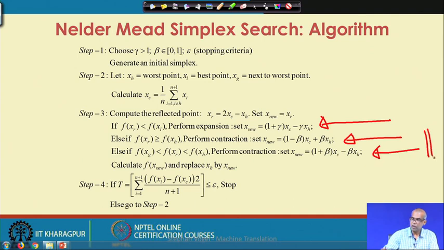Note that these two steps are two different types of contraction. One in the previous slides was shown as beta less than 0, the other was beta greater than 0. Here we are considering beta between 0 and 1. So, we are doing (1 minus beta) xc plus beta xh, and the other one is (1 plus beta) xc minus beta xh.